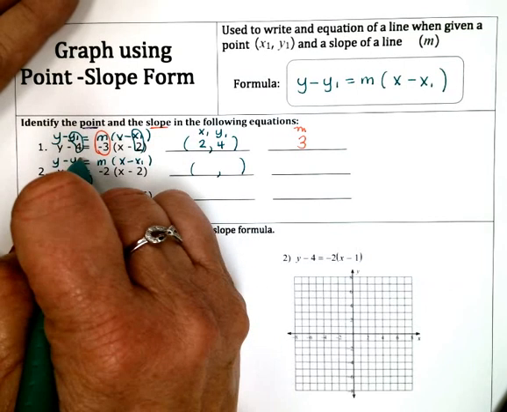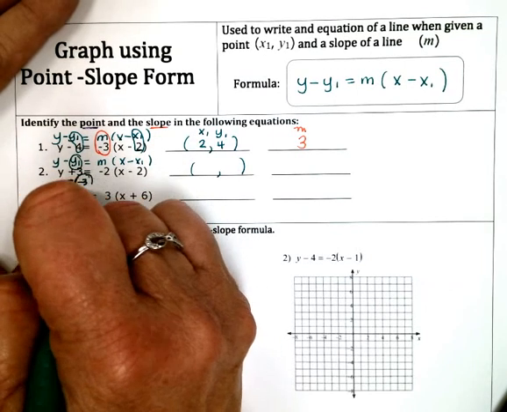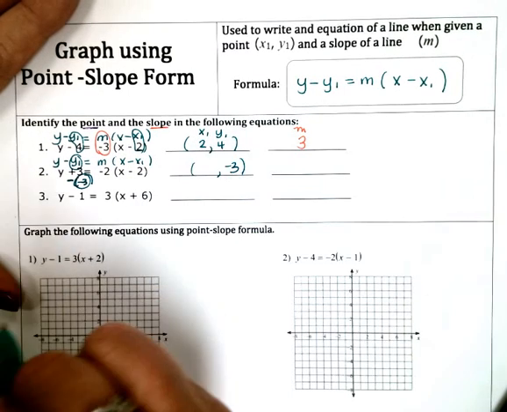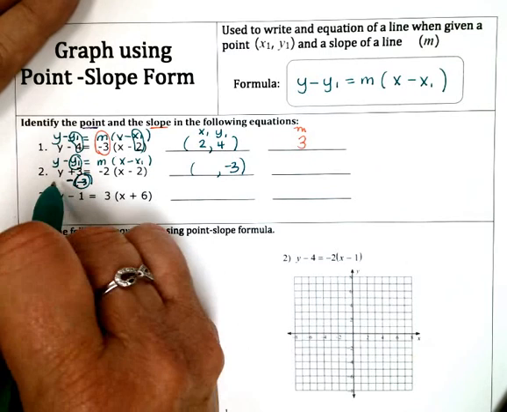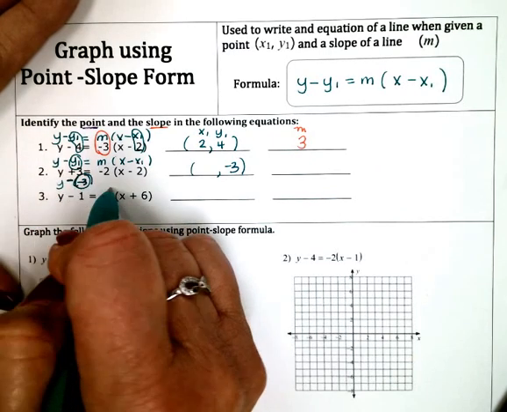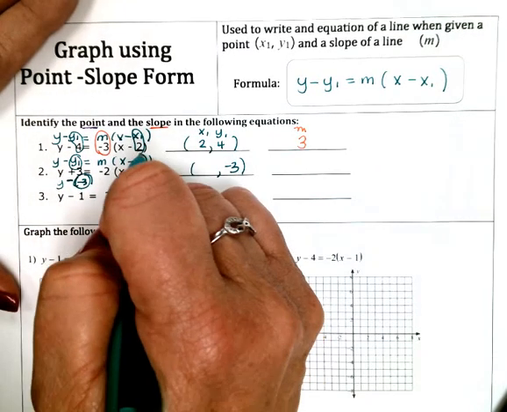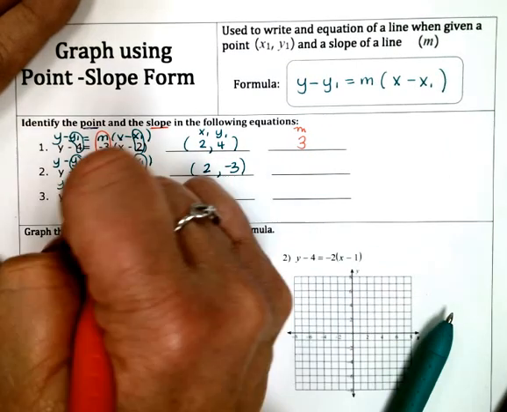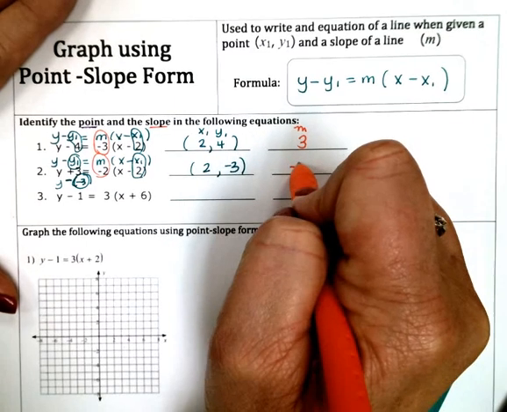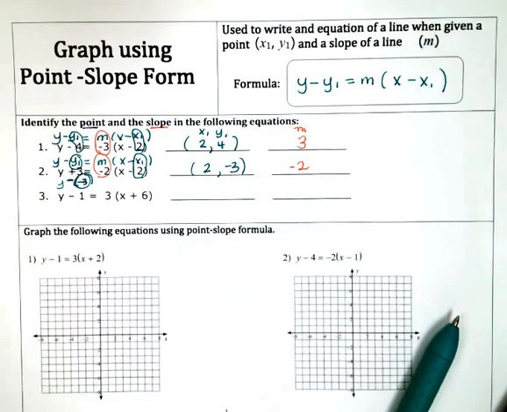So my y1 is negative 3, because it has to be y minus that negative 3. My x1 is positive 2, which then makes my slope negative 2, right in front of my parentheses.